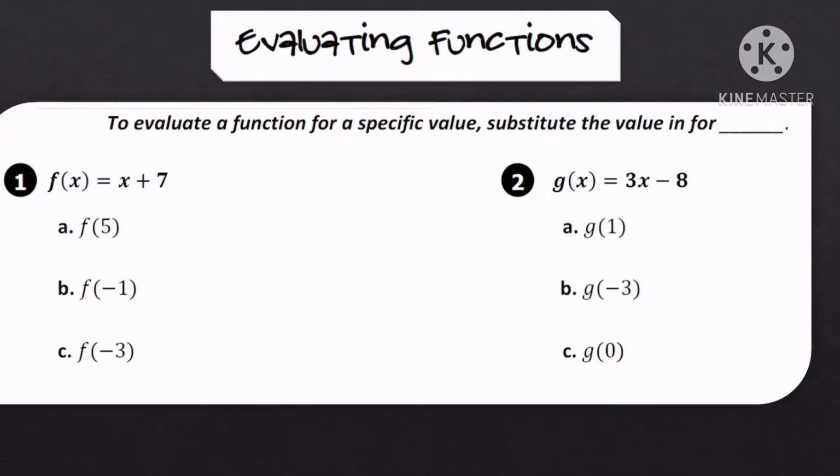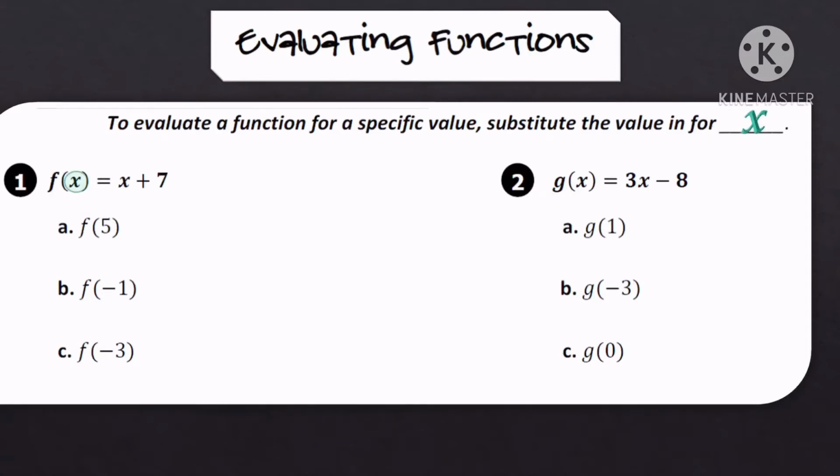Let's go look at that. We can evaluate a function, meaning we can find what our function's value is. We can find what our output's going to be when we substitute the value in for x. So we put our input in. Let's look at number 1. This is read f of x equals x plus 7.